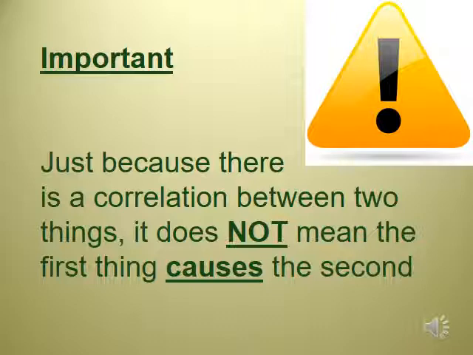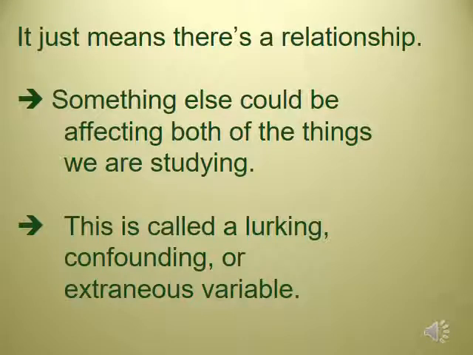And it's all but impossible to show with statistics that there's a cause and effect between anything. You can show that there's a relationship, but you can't say one thing causes another. That's because a lot of the time there's something else that could be affecting both things that's not one of the things you're studying. We call that a lurking or confounding or extraneous variable, something in the background that changes both of the things we're looking at.